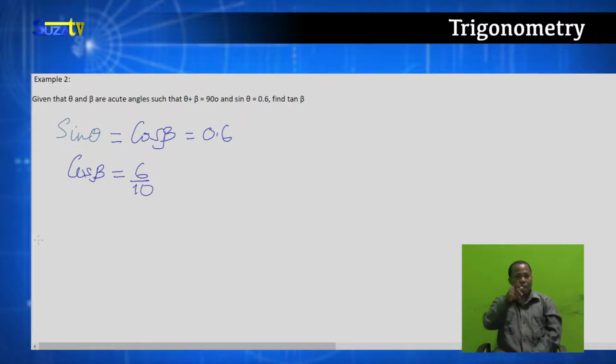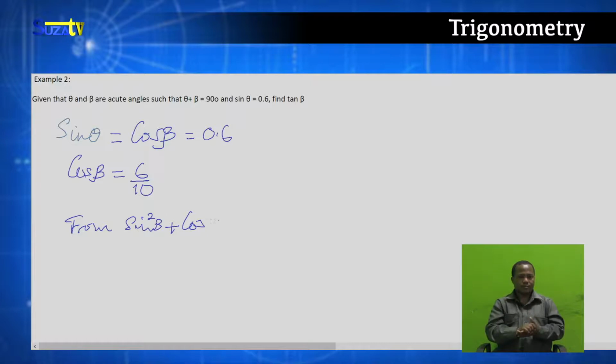Also, again, if we take Pythagoras theorem, sine squared beta plus cos squared beta is equal to 1.